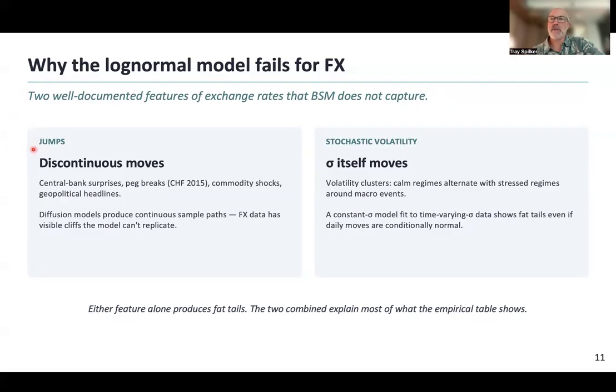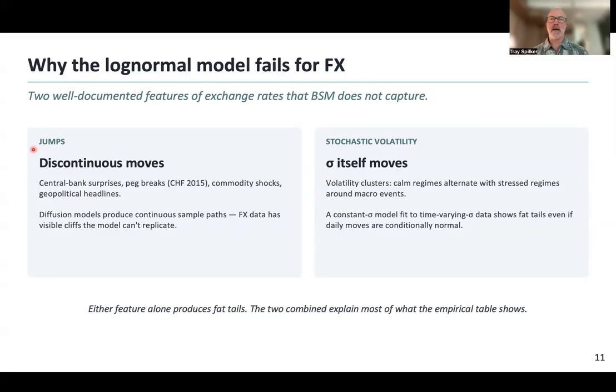For example, when the central bank intervenes, or there are surprise rate decisions from the Federal Reserve, or frankly, even when there's a currency peg break, like the Swiss franc in 2015, or commodity shocks, particularly for resource currencies. These are all going to produce a discontinuous price move that a Brownian motion, what we call a diffusion model, cannot generate.